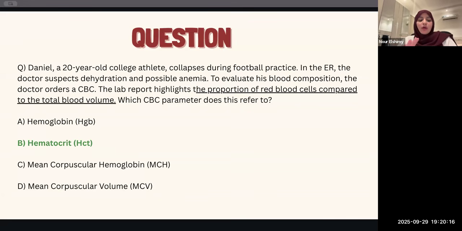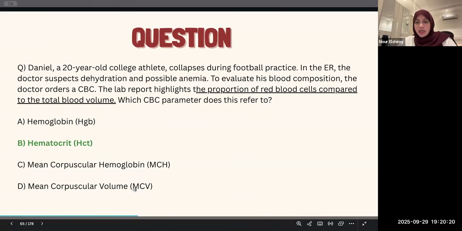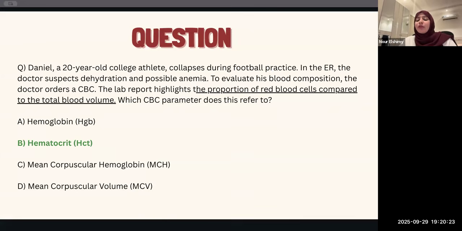Now why is it not MCH or MCV? MCH talks about hemoglobin content in the red blood cell. We did not mention anything about hemoglobin here. MCV refers to the size, and we did not mention anything about the size here either. So it's not C nor D.